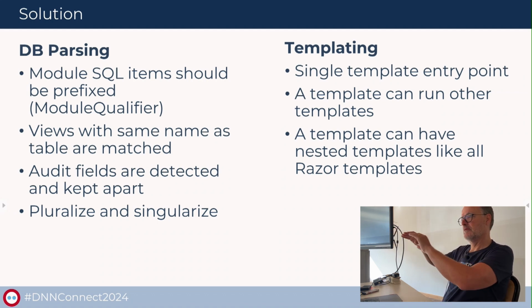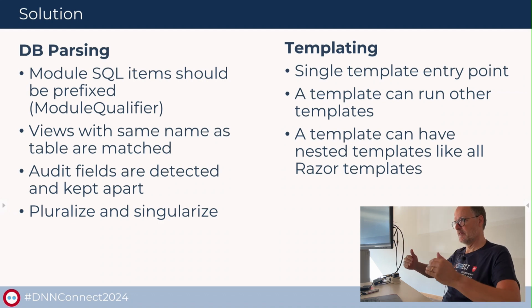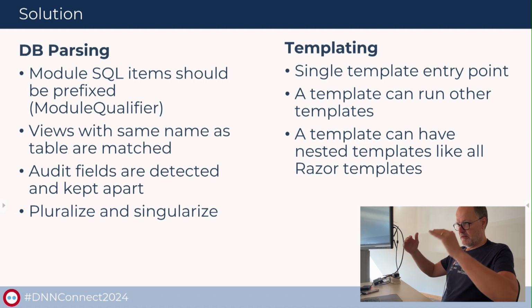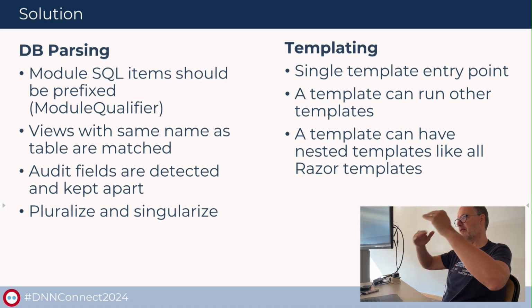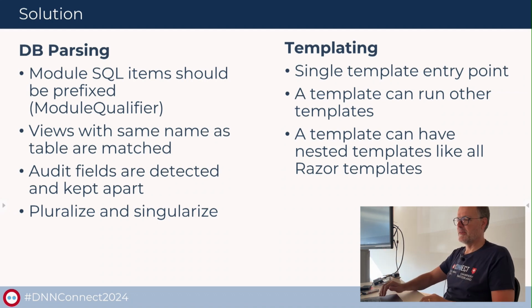So I would have my module dash companies as a table, and then view underscore my module dash underscore companies as the view over that table. When they're matched, in my code they always inherit from each other. So that company, when it's drawn out, is drawn out from the view, and when you update, you update, of course, to the table.